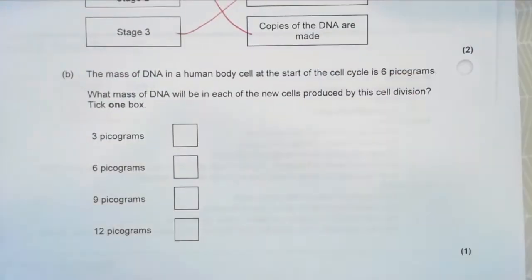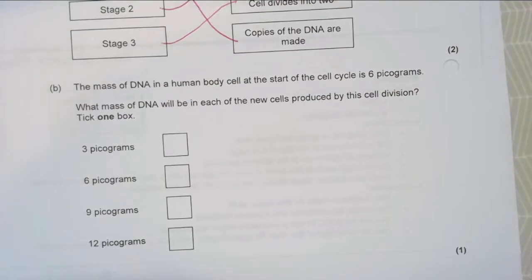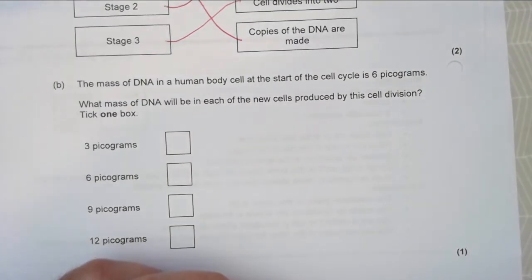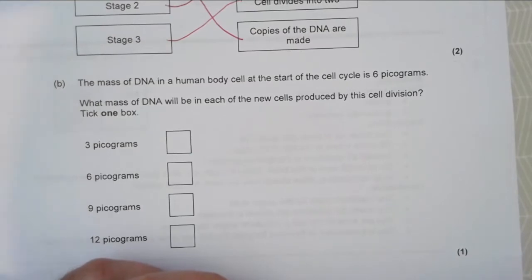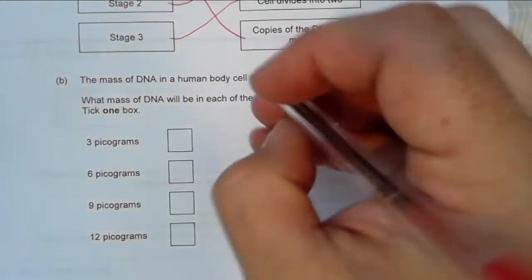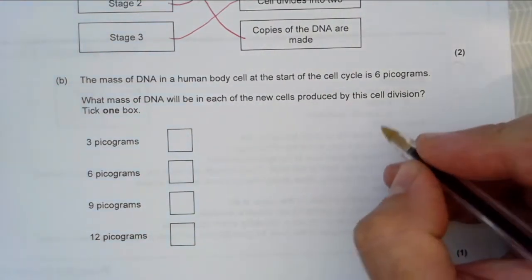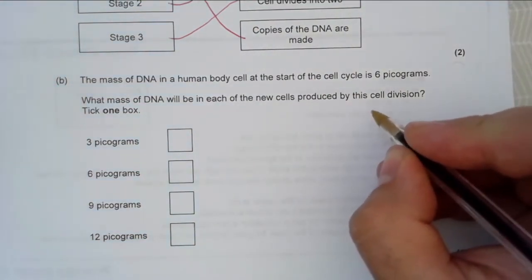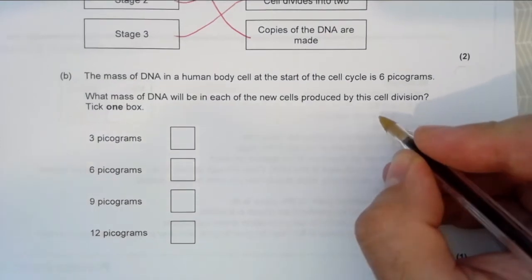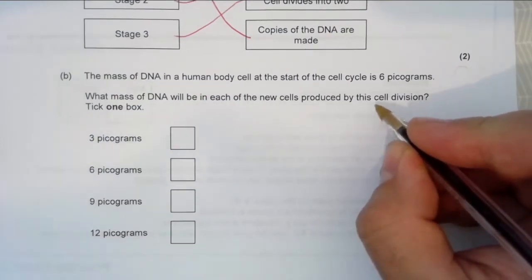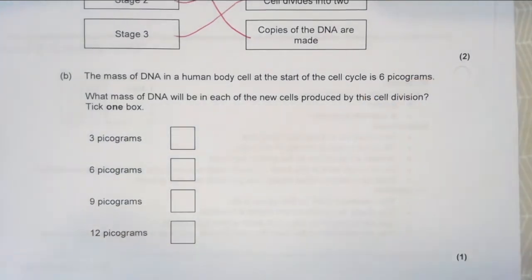On to the second question. It says that the mass of DNA in a human cell at the start of the cell cycle is 6 picograms. What DNA will be in each of the new cells produced by the cell division? Now, we know that cells produced by mitosis are genetically identical to their parent cells, so they're going to have exactly the same amount of DNA.